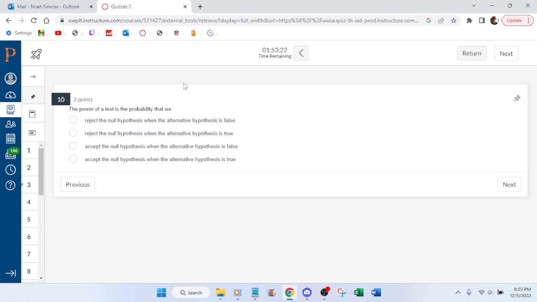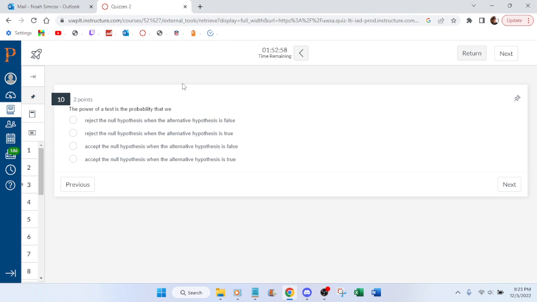Oh no, I can't find it. I can't find it. I don't see it. Oh, I found it. Power is the probability of correctly rejecting the null hypothesis when it is false.